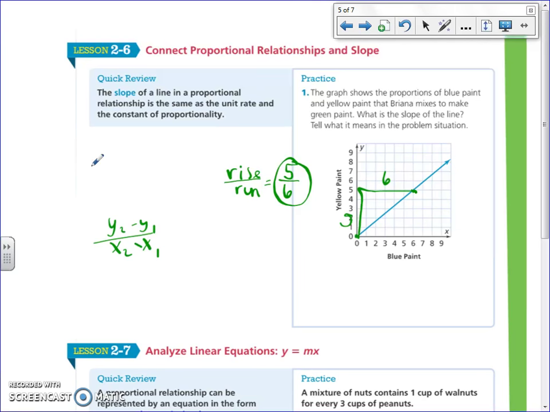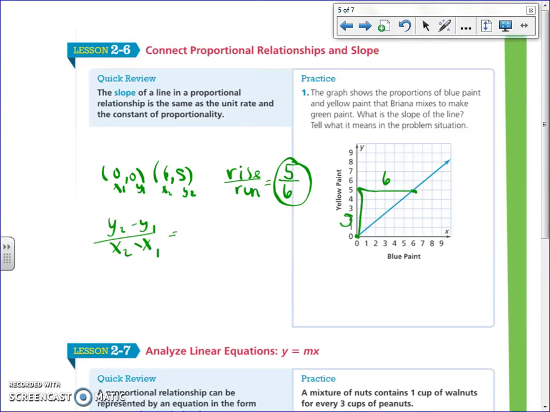And if I'm using the points 0, 0 and 6, 5, I could use those points and plug in. So I'm going to label my first point here as my x1 and my y1, and my second point here as my x2 and my y2. And I would plug in these values for this equation.